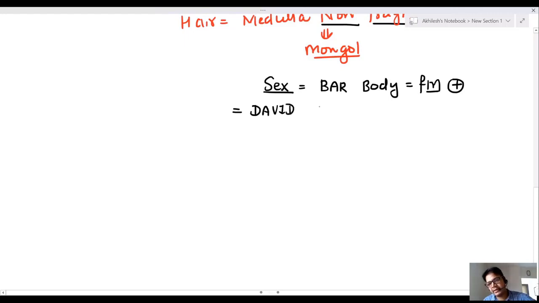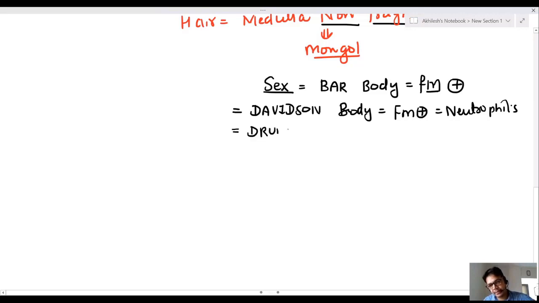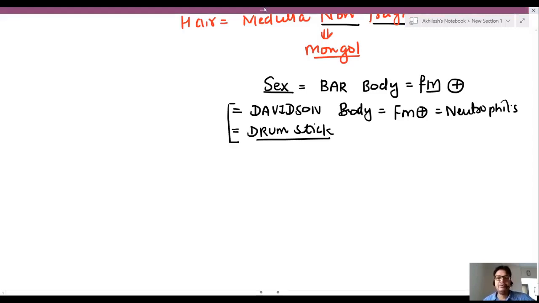Second is the Davidson body, which is also present in females, in neutrophils. D for Davidson body, D for drumstick appearance. When you see the Davidson body, it is just like a drumstick.